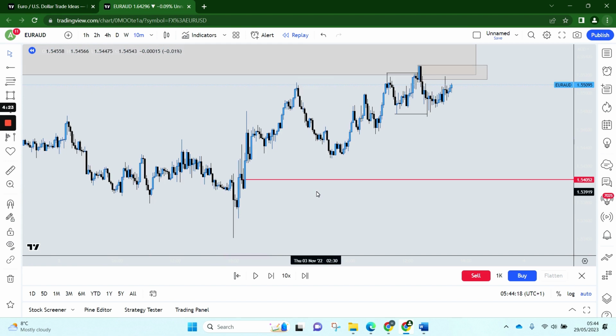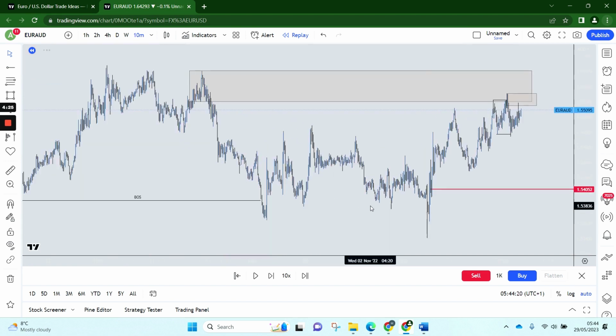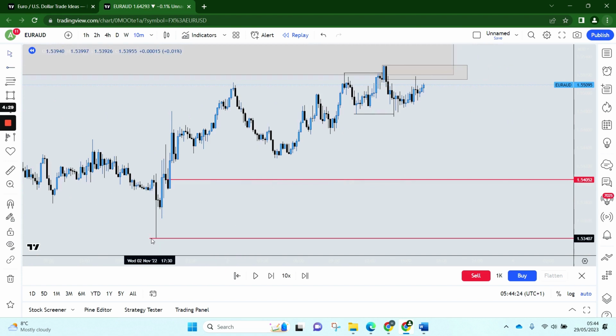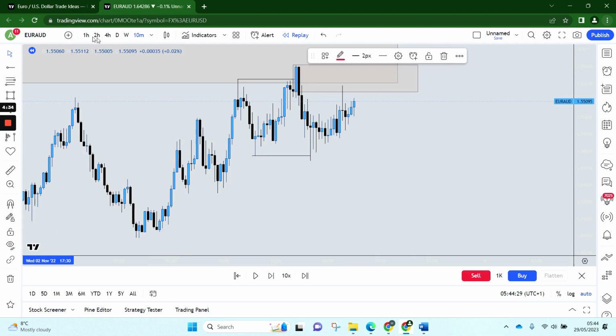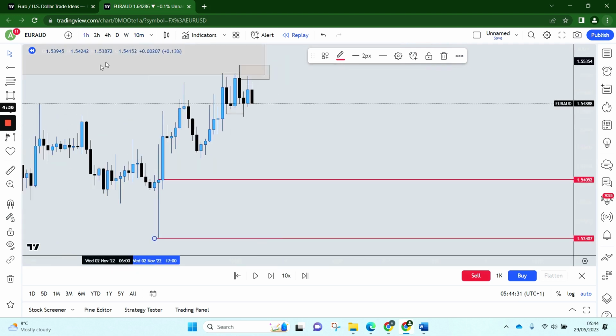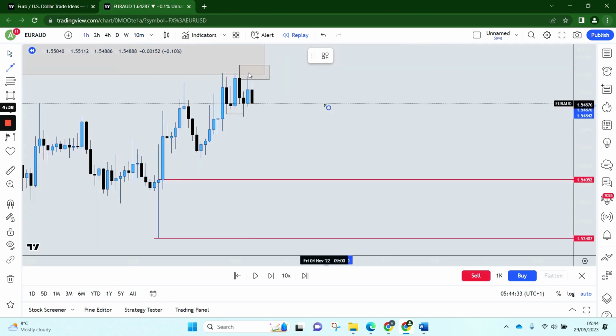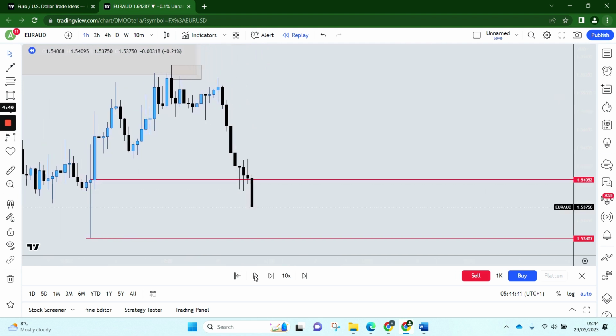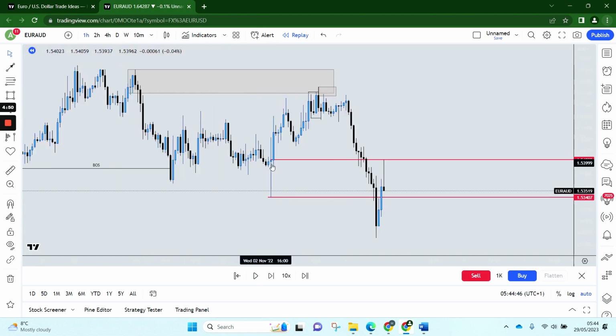It could be here at this order block over here, or it could be at the low where you're expecting price to make a new higher time frame lower low. Cool. Let's see how price plays out. So here was our entry. Let's see what happens. Okay, take profit 1 was hit, TP2 was hit.